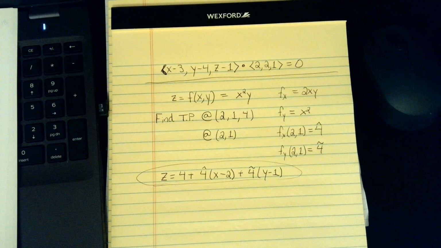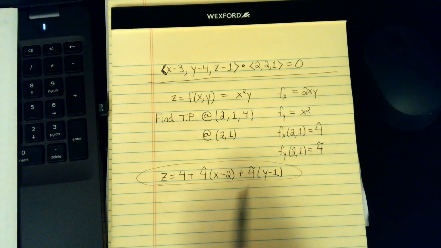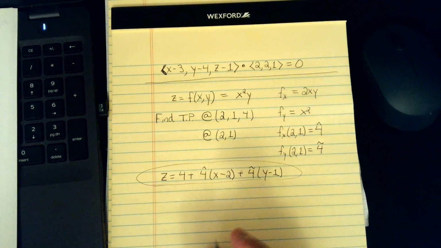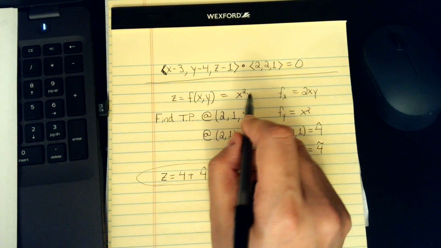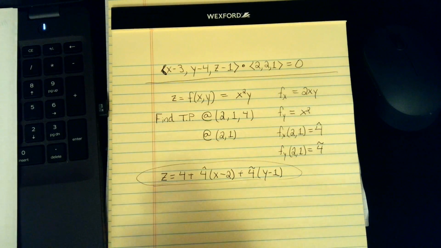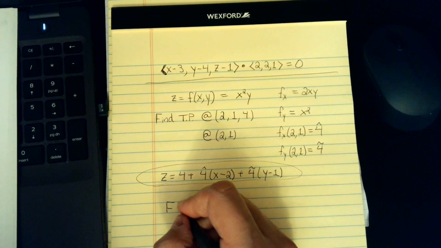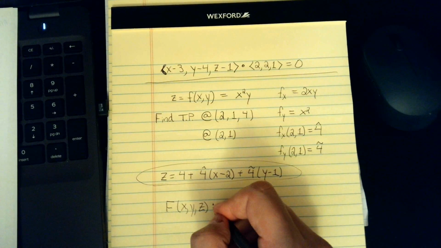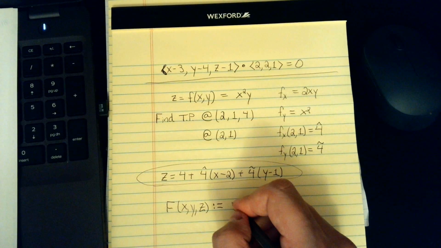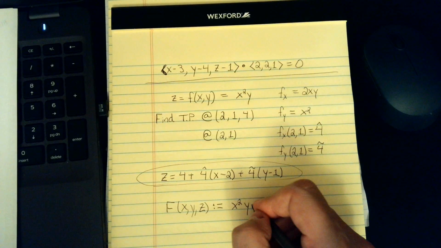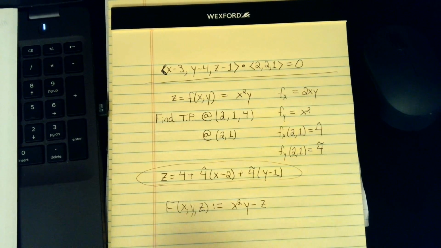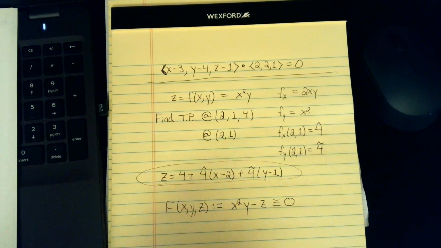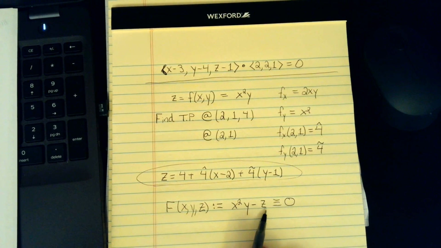And I say the old way, but if you're given this problem, this is the right way to do it. However, I want to point something out to you. The set where z equals x squared y is the same as the set where the function f of x, y, and z, which I'll take to be defined to equal x squared y minus z, is 0. If I take the 0 level set of this function, that's exactly where z is x squared y.